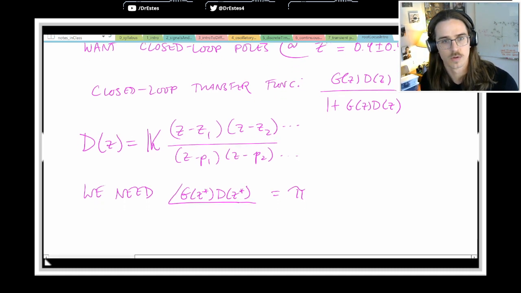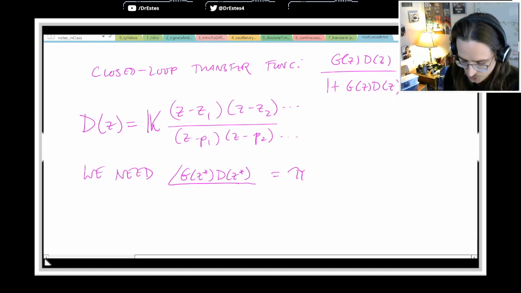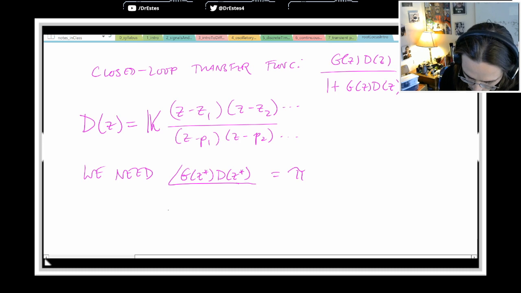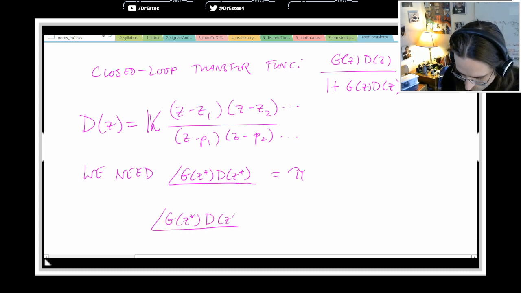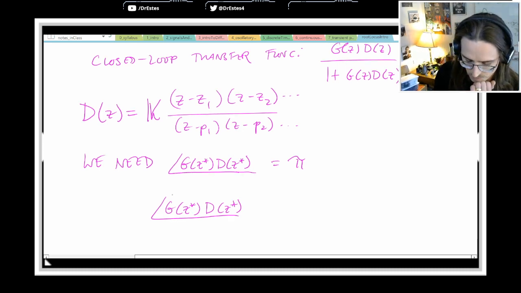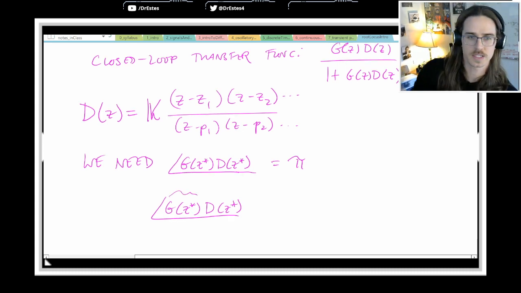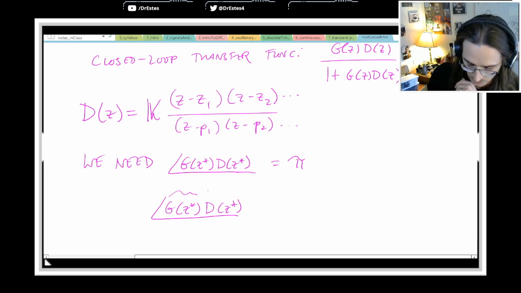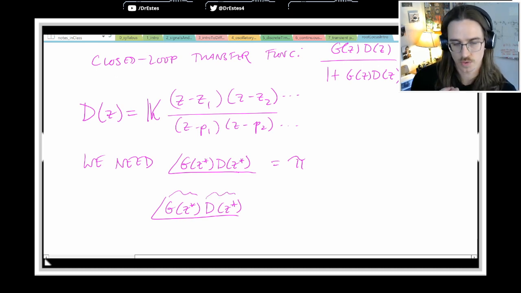So I'm going to show you a little trick here. If you have two complex numbers, I mean G of z evaluated at z star is generally a complex number, same thing with our controller.